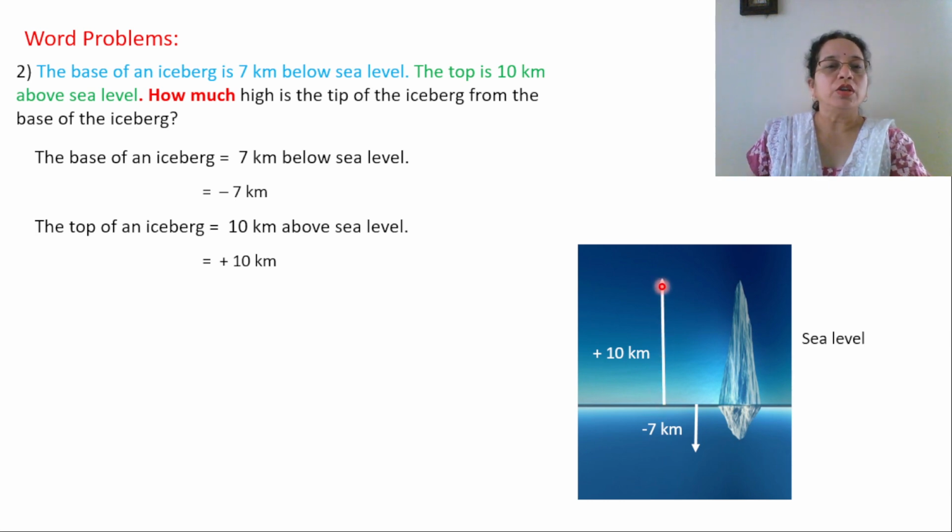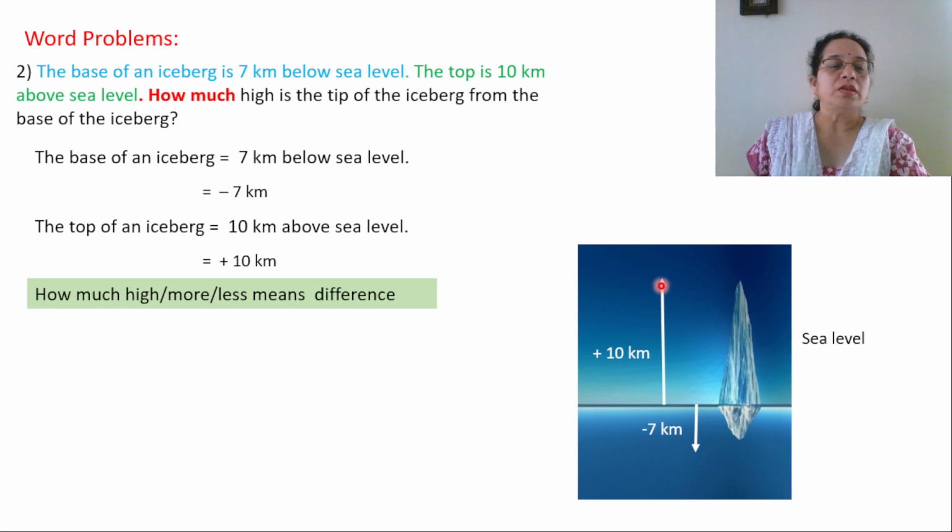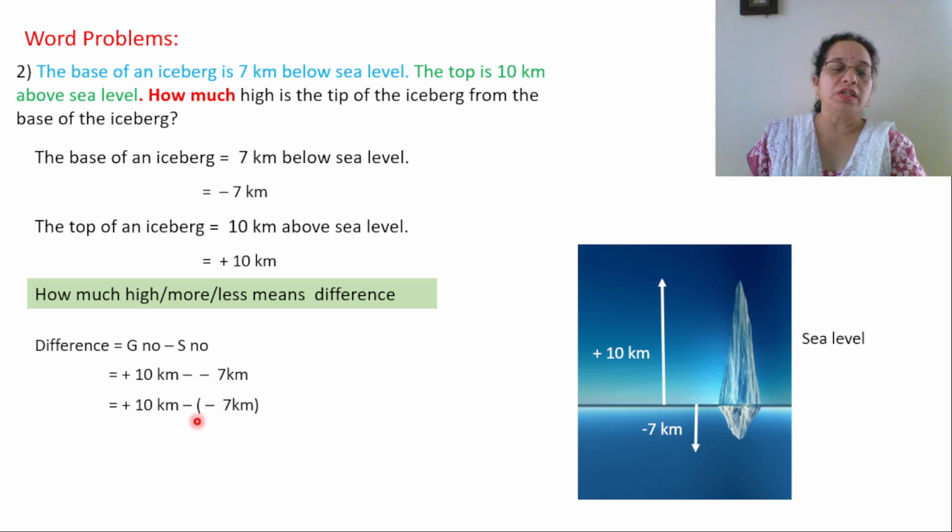So what is your question? How much high, more or less, means you need to find the difference. Difference is equal to greater number minus smaller number. Which number is greater over here? 10. Which number is smaller? Minus 7. Again two signs, we cannot keep them in one place, so write this in bracket.